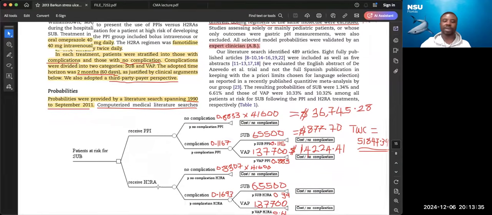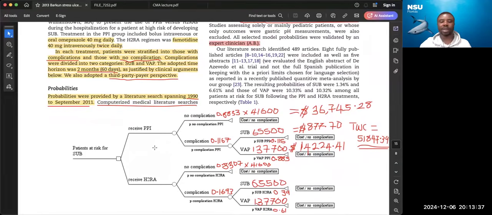So among these two drugs, which one is able to prevent stress ulcer the most? For example, the PPI was able to prevent stress ulcers in 0.883, which is 88.3%. And then the H2 arrays was able to prevent stress ulcers in 83.07%.